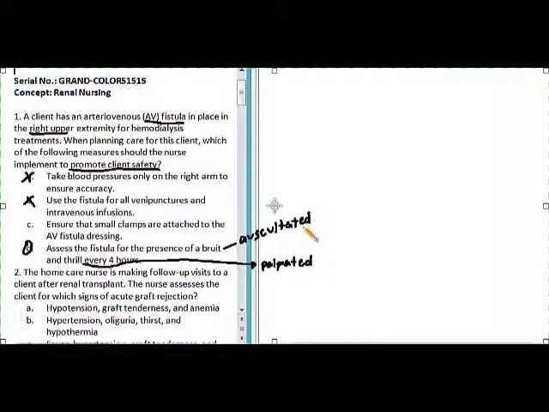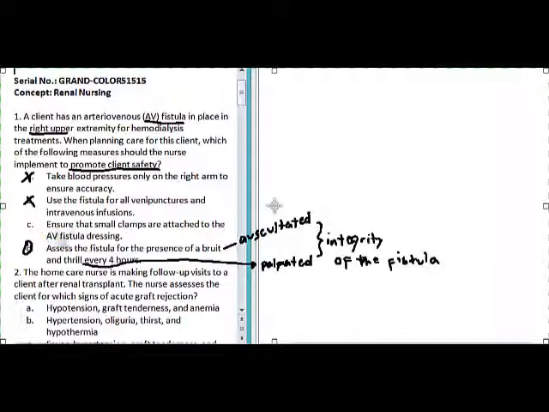So always assess for that. It tells you about the integrity of the fistula. Okay, so the answer is D.